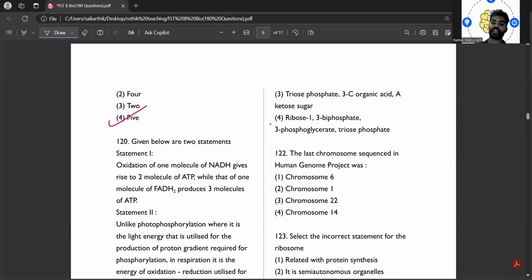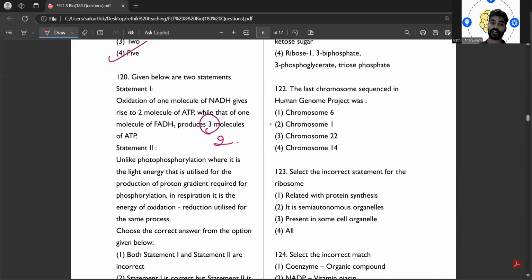The next is 120. Given below are two statements. Statement one says that the oxidation of one molecule of NADH gives rise to three molecules of ATP, while that of one molecule of FADH2 produces three molecules of ATP. Is it true? No, two molecules of ATP are produced.